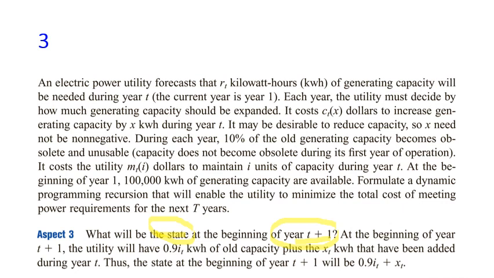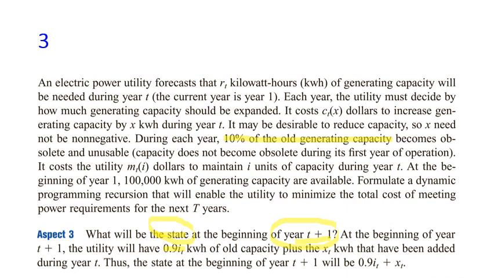So at year T plus 1, we will have 0.9 times IT, because 10% of the capacity that we have at the beginning of year T will become obsolete and unusable.